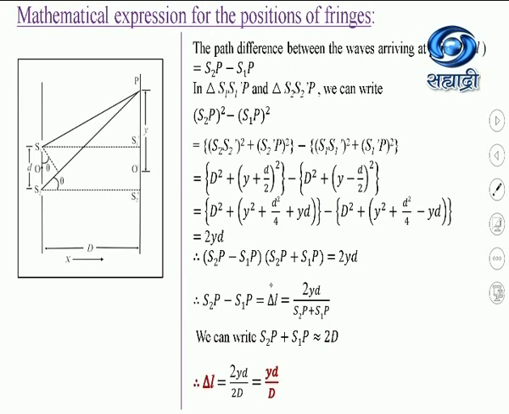So the equation for path difference delta L becomes 2Y into D divided by 2D. So 2 gets cancelled and the expression for path difference is Yd upon D.